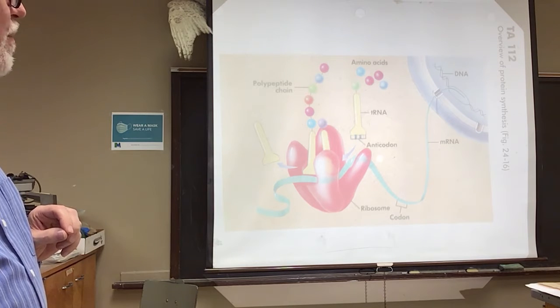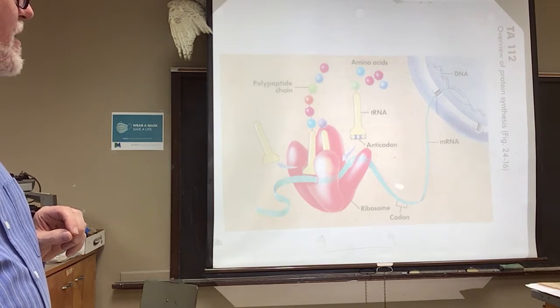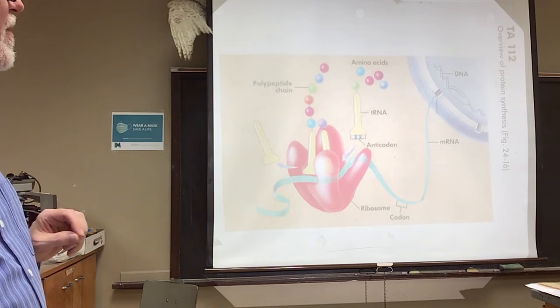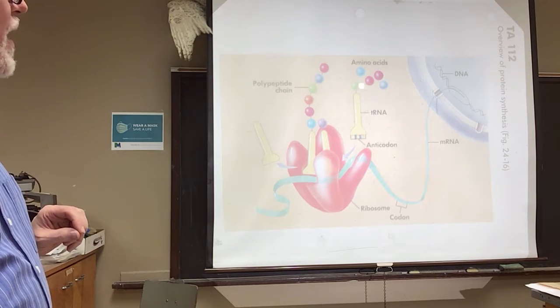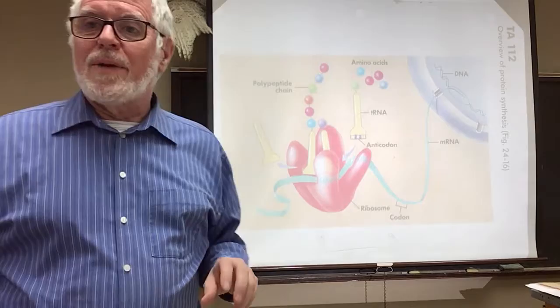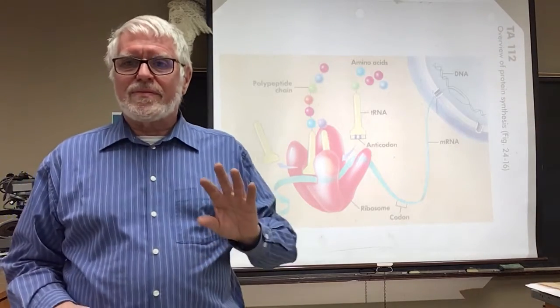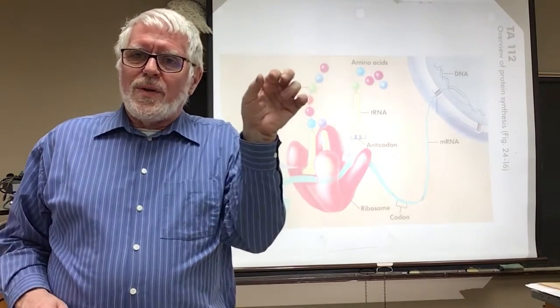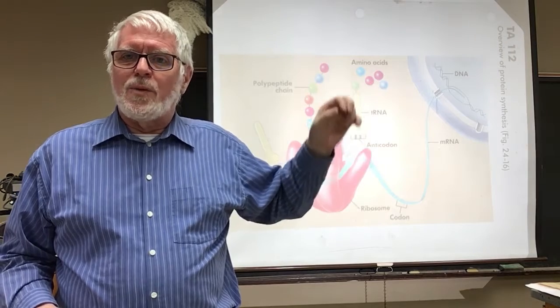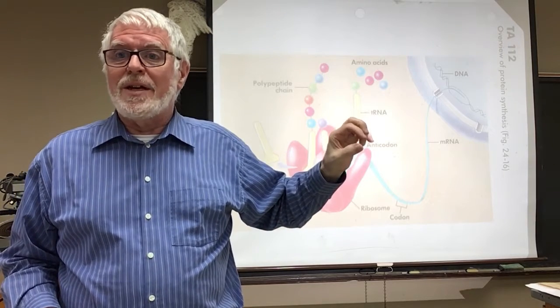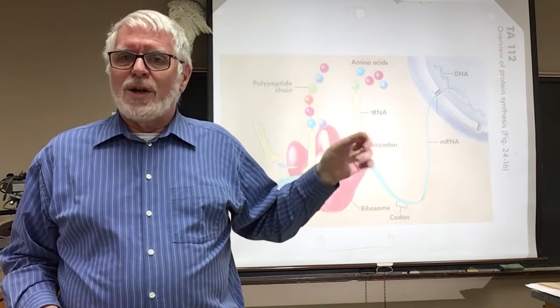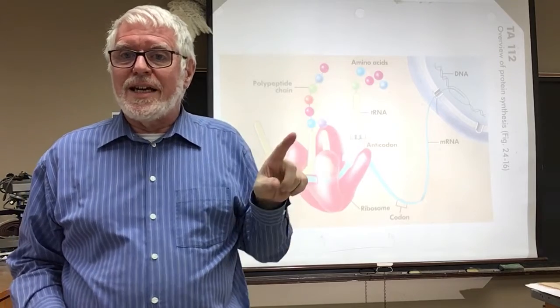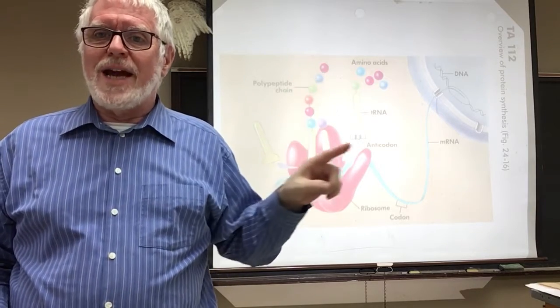And so it will match up with a particular sequence of 3 here. For every anticodon, there's an amino acid. So the transfer RNA that hooks on here will be bringing in a particular amino acid. So that's how this code gets translated into a string of amino acids.